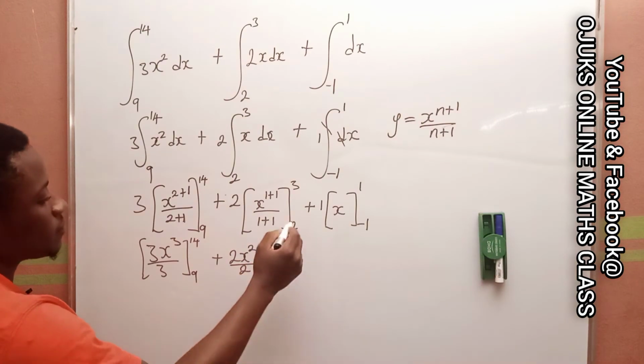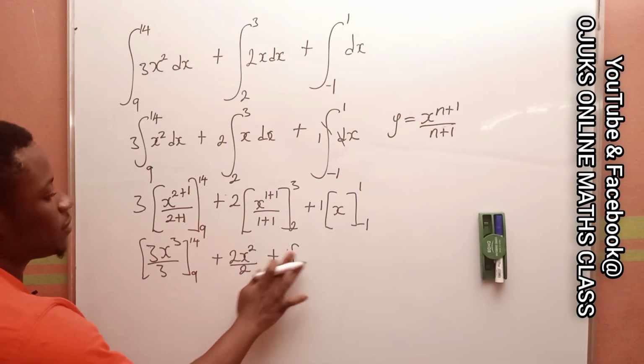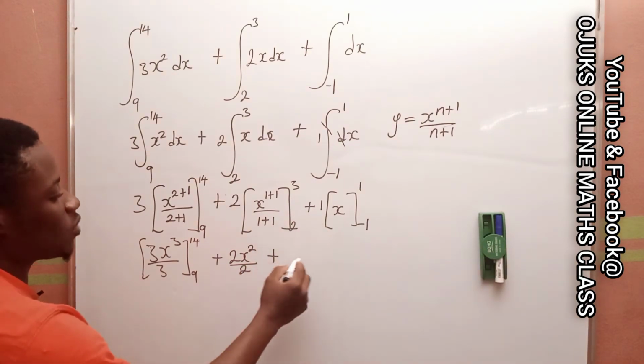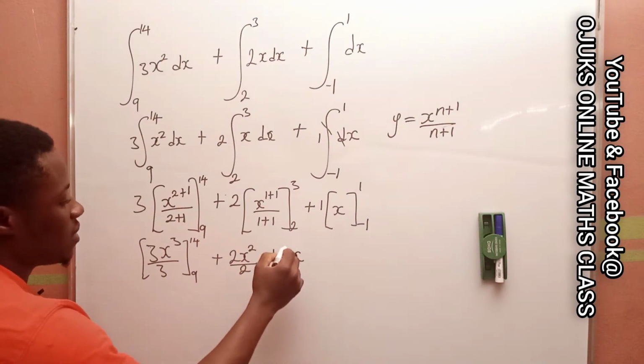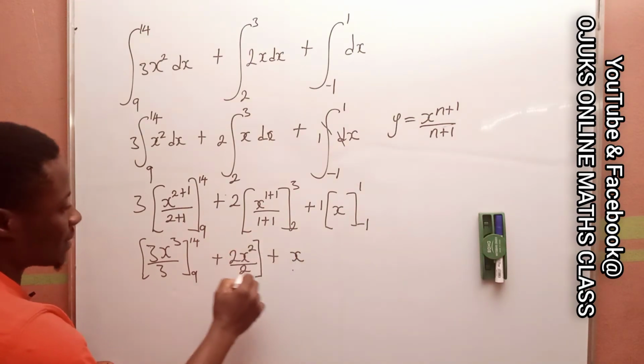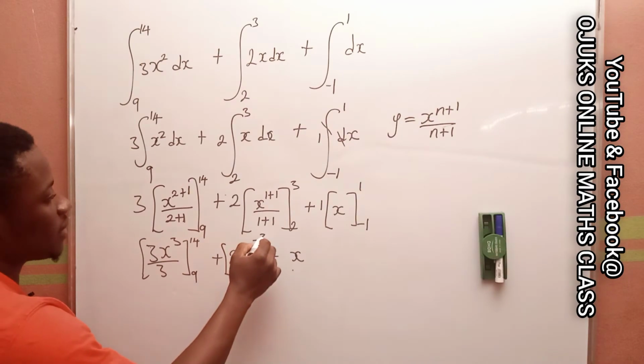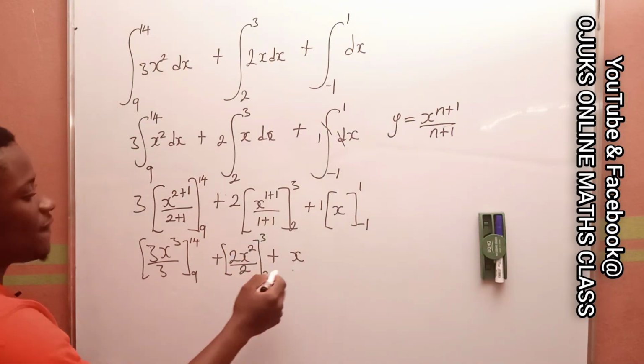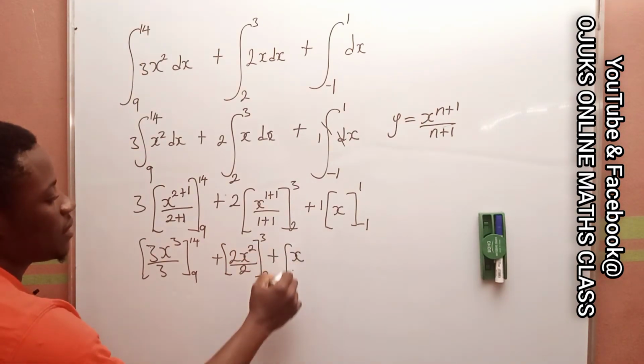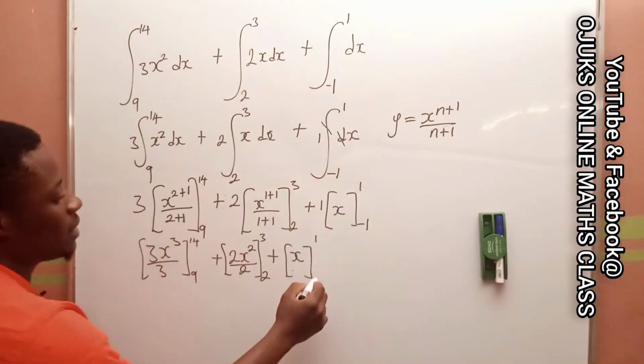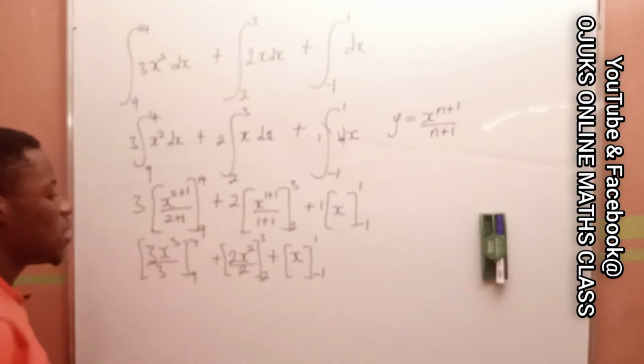Then plus 1 in bracket, or let's remove the bracket already, 1 times x, we're having x. Here we assign our upper limit and lower limit, which is 3 and 2. Then finally here we'll have x, with upper limit 1 and lower limit minus 1.